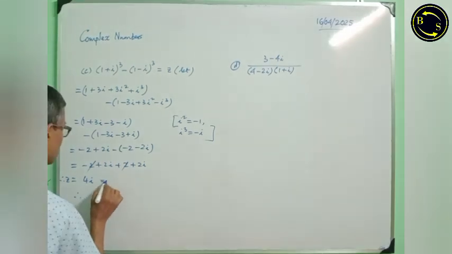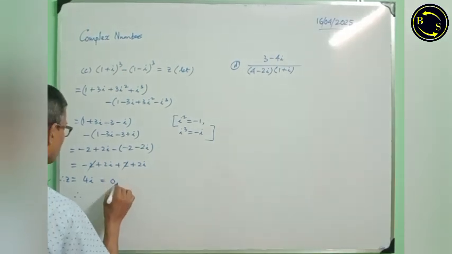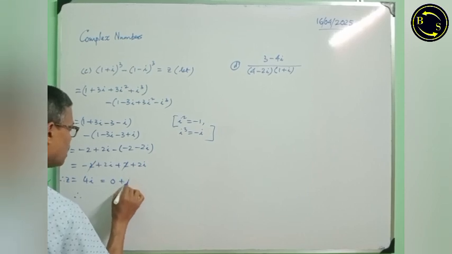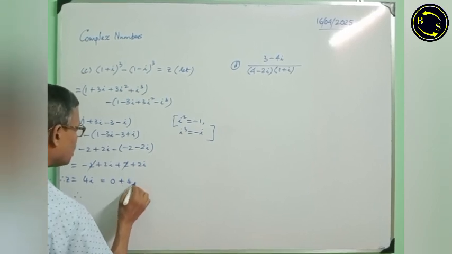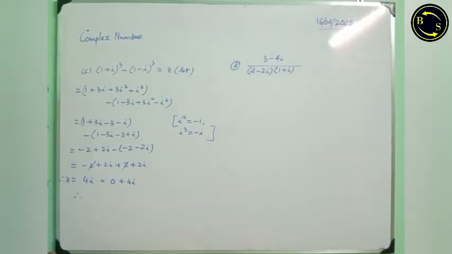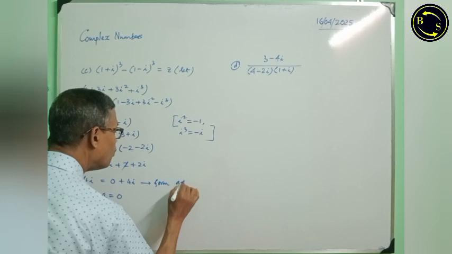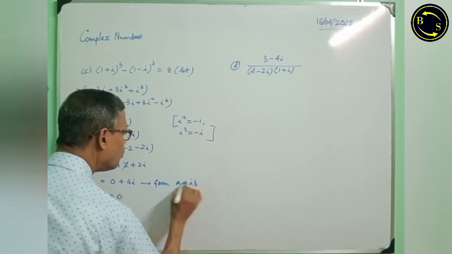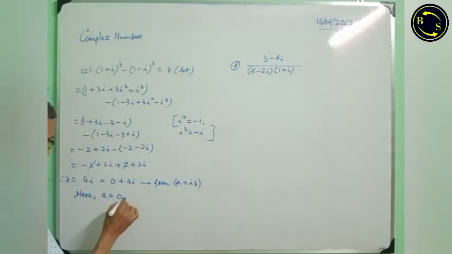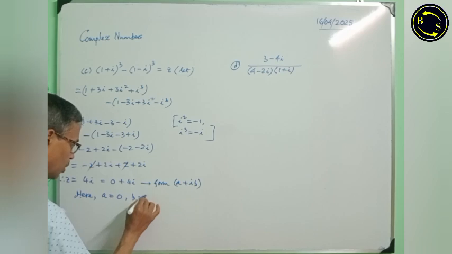Now if I express that in the standard form, here a equal to 0, b equal to 4.